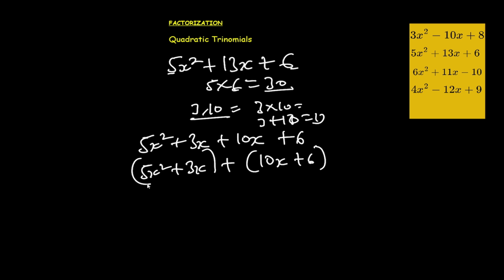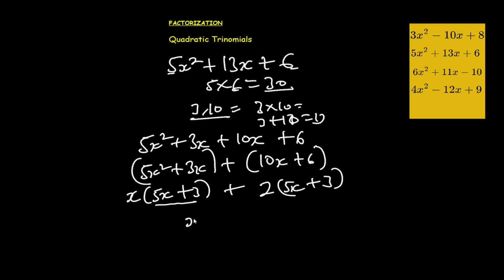Now we factorize the common factor out. x here, 5x plus 3. Now here we can factorize the common factor out, but I think you just need to write the 5x plus 3 here, and then 2 here. So 2 times 5x will give you 10x, and 2 times 3 will give you 6. So it's x plus 2, and then 5x plus 3.